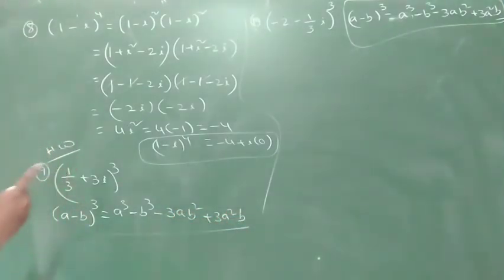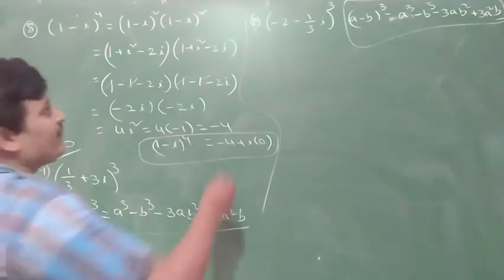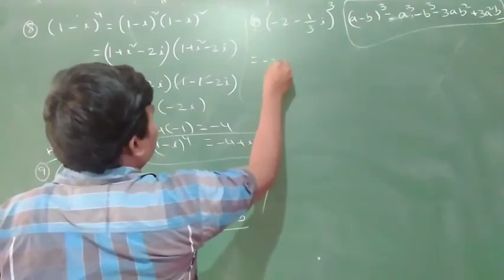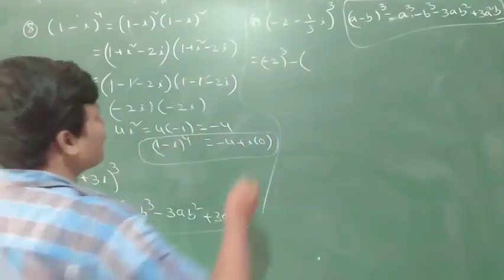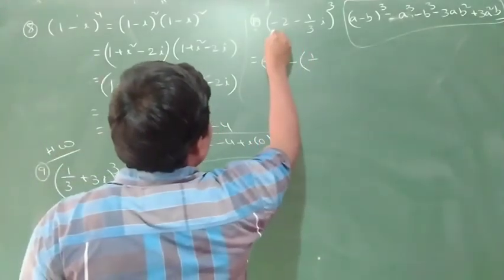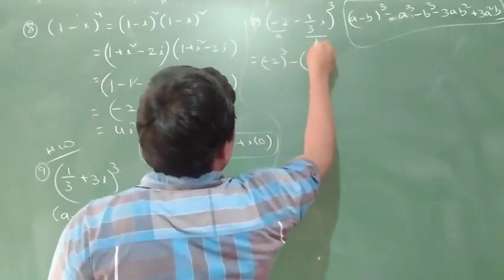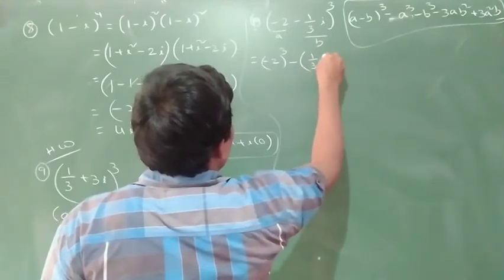Here a is equal to what? Minus 2. b is equal to 1 by 3i. First of all, a cube: minus 2 whole cube. Minus b cube: 1 by 3i whole cube.